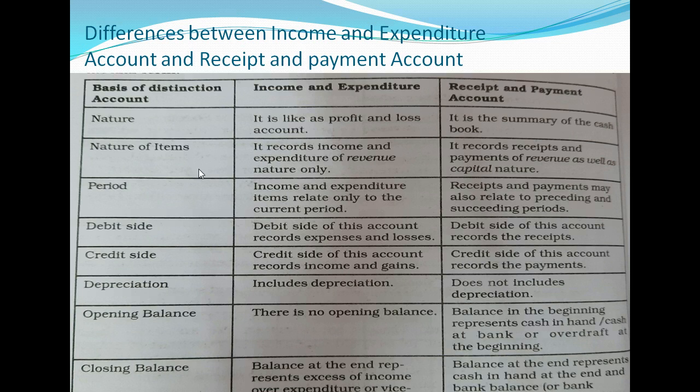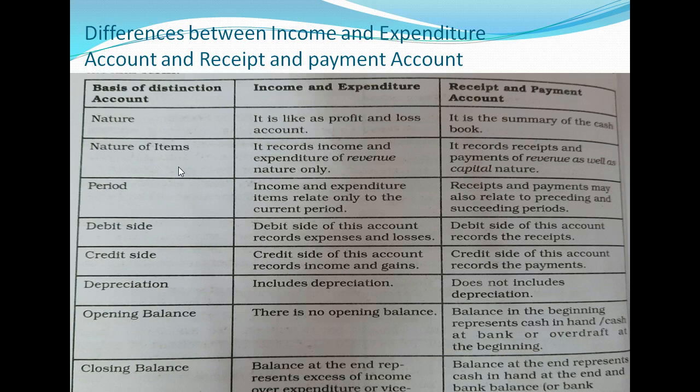Let us now understand the basic differences between income and expenditure account and receipts and payments account. The differentiating point number one is nature. On the basis of nature, income and expenditure account is just like a profit and loss account, whereas receipts and payments account is a summary of the cash book.